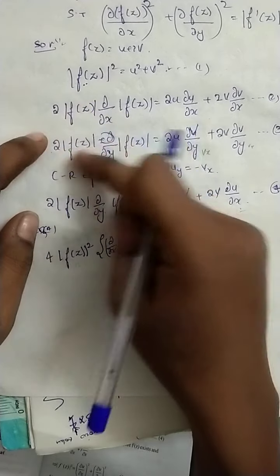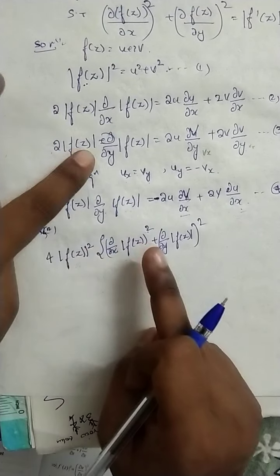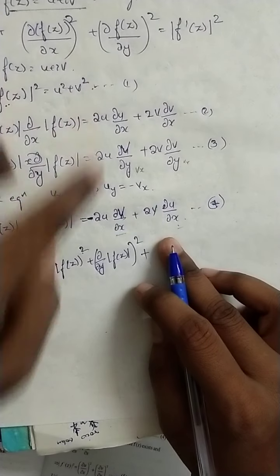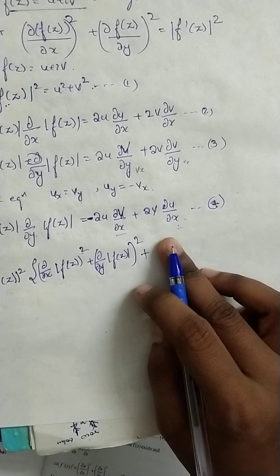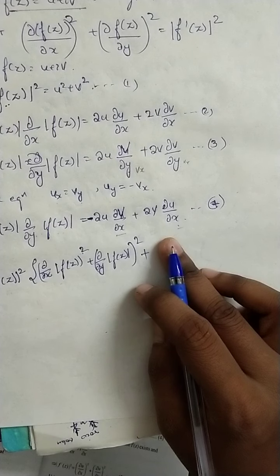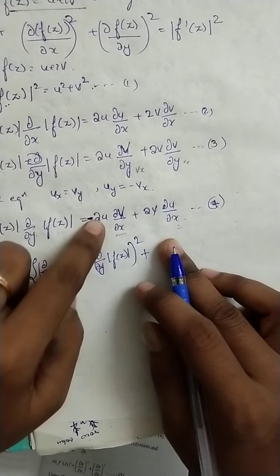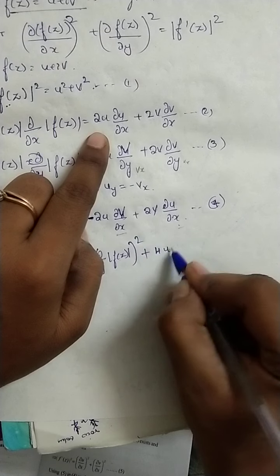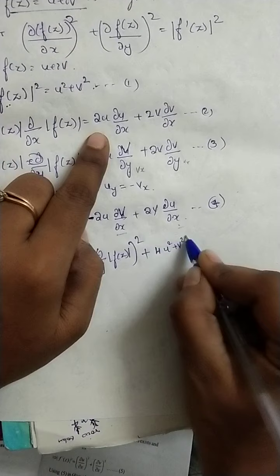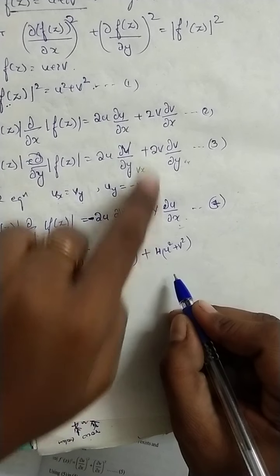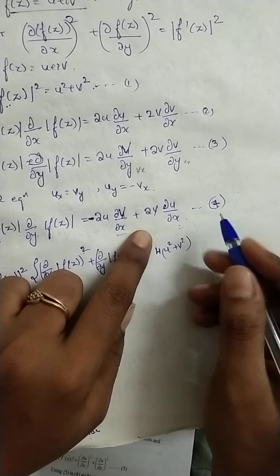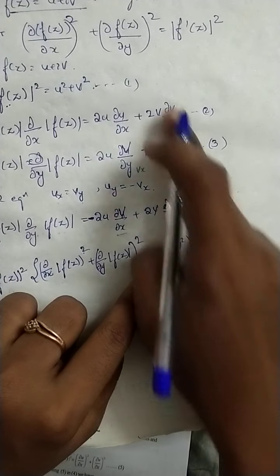Okay, here we have taken the common 4 into f of z the whole square. Okay, and again now if you take these two equations, again you can take the common here. So if you take the common, 2 plus 2 it is 4, u square plus v square. Okay, again 2 plus 2 is 4, v square, and v square we have to do. Okay, 2 plus 2 first 4, then v square.